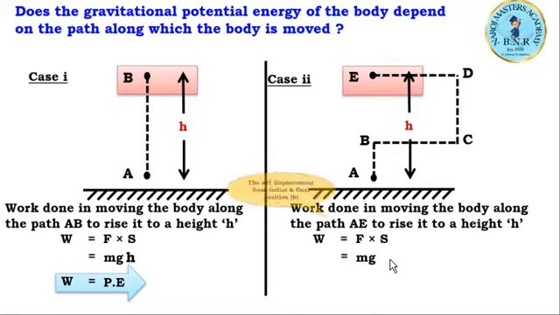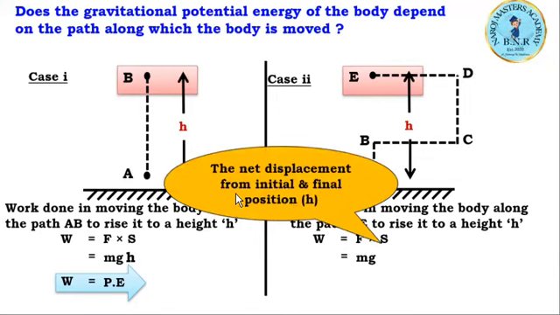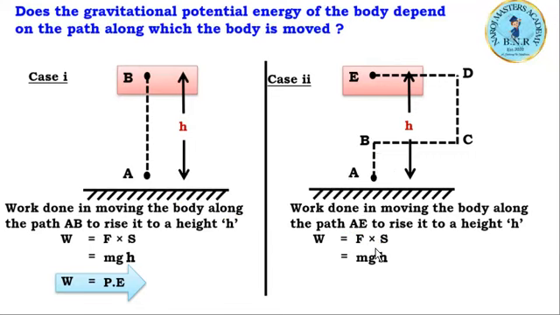So the net displacement between the initial and final position is h only. We will not consider the path like this. From A to B, B to C is distance, but the displacement is the height, from the position of point A to point E. The displacement between the initial point and the final point is what we call displacement.